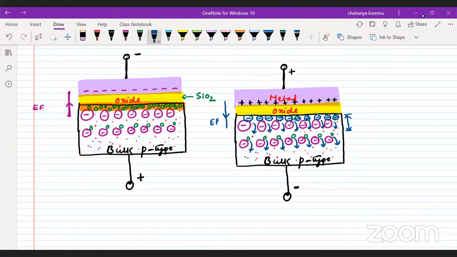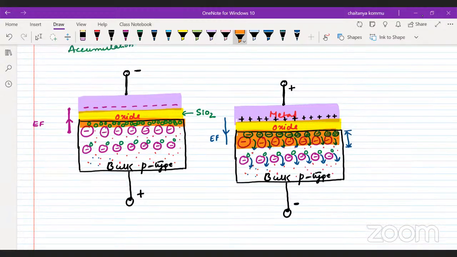Okay, so this charge we can call depletion charge. That means the holes are depleted from that region. So that's the reason why we call it the depletion region.